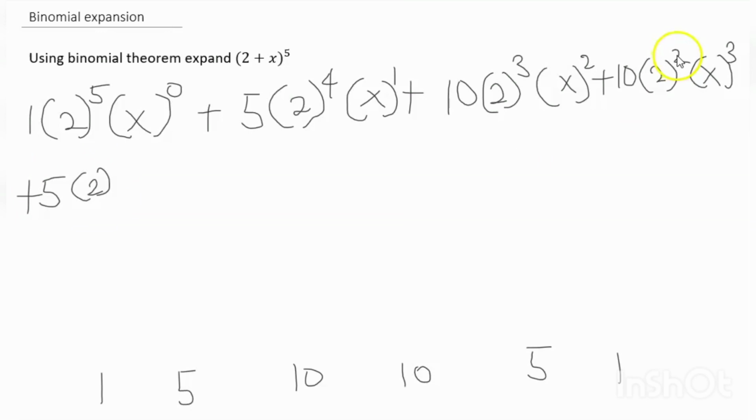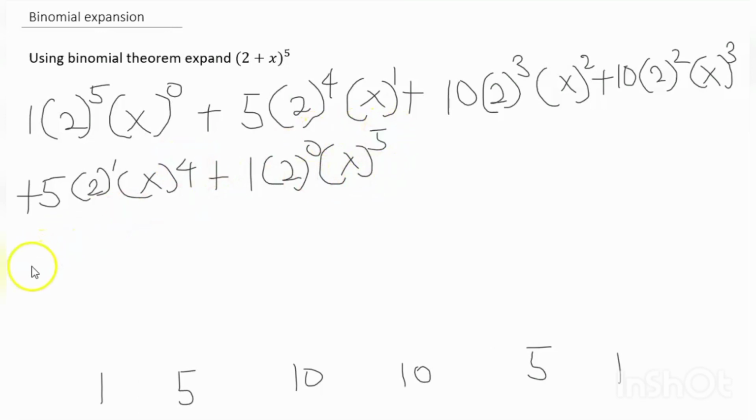So it's going to decrease to 1, and the power of x is going to increase to 4. Then we have our final coefficient, which is 1. So we have 2 over here, a power of 0, and for x, we have a final power of 5.